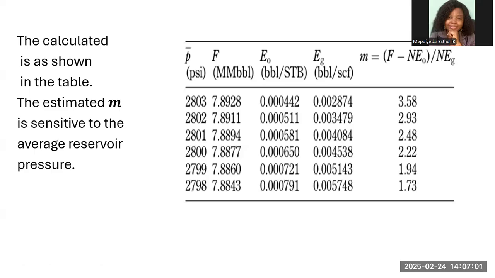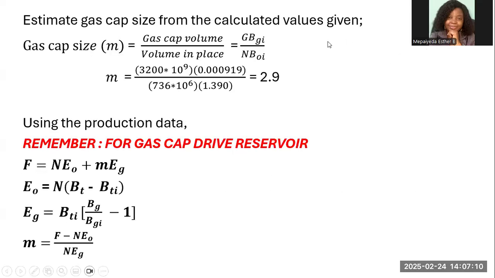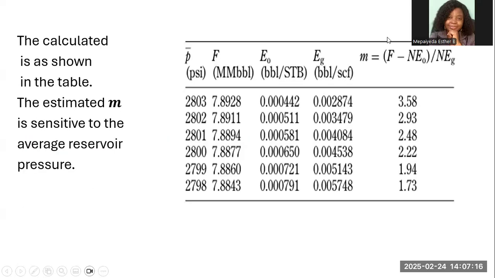The estimated m is sensitive to the average reservoir pressure. From the volumetric data we're given, you have your m to be 2.9, and here you have your varying m at varying pressures.